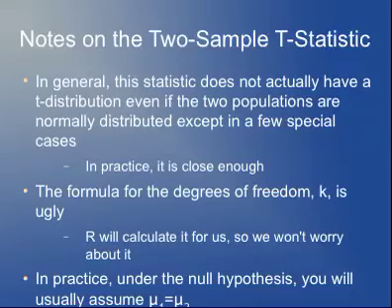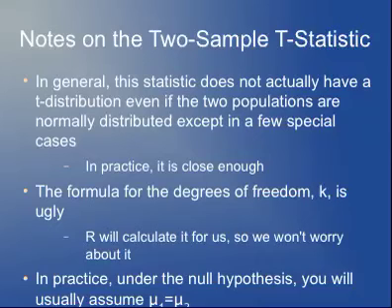In general, it turns out this test statistic I described on the previous slide doesn't actually have a t distribution, even if the populations are exactly normally distributed. There are a few special cases where it will, but in general it won't.